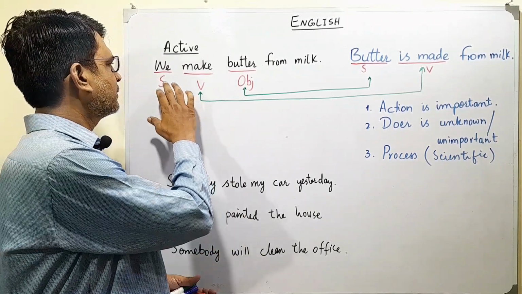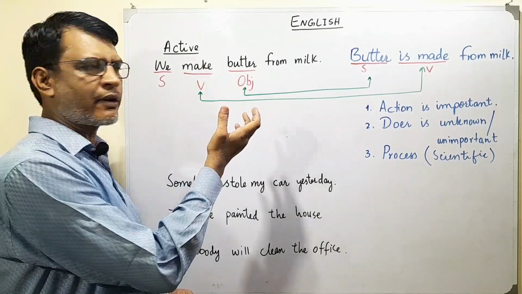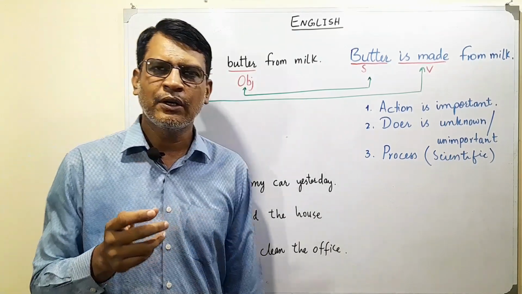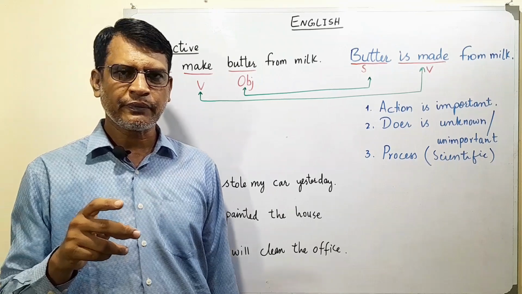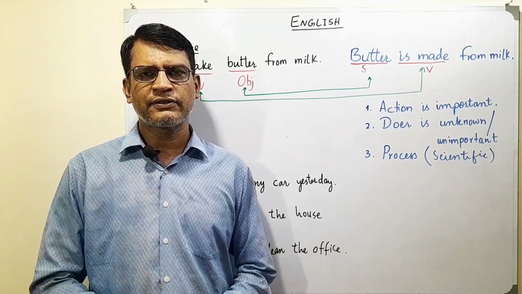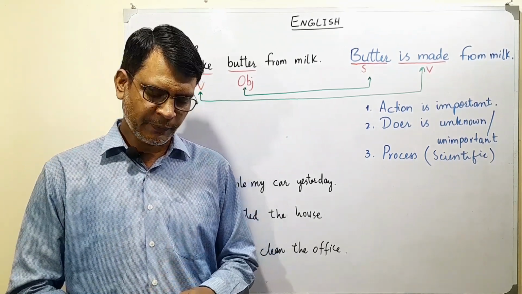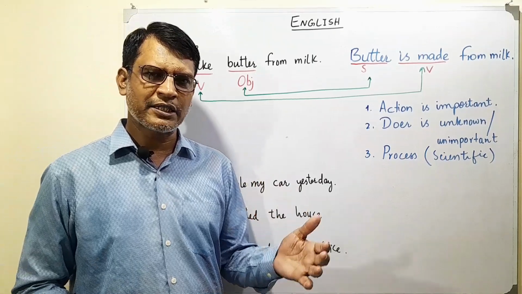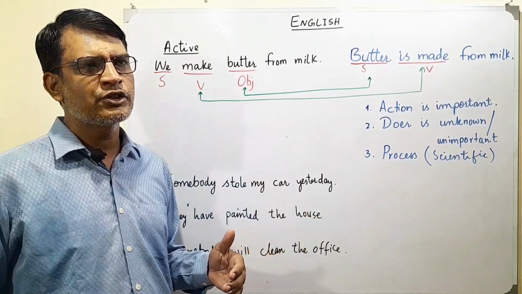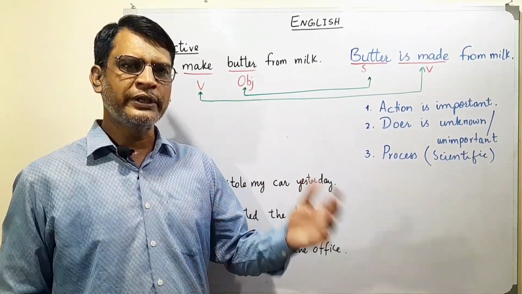Well, what do we do in active? We focus in active on the doer. That's the reason it is called an active sentence, because the doer is important. But when we make passive from active, we shift our focus from the doer to the action.